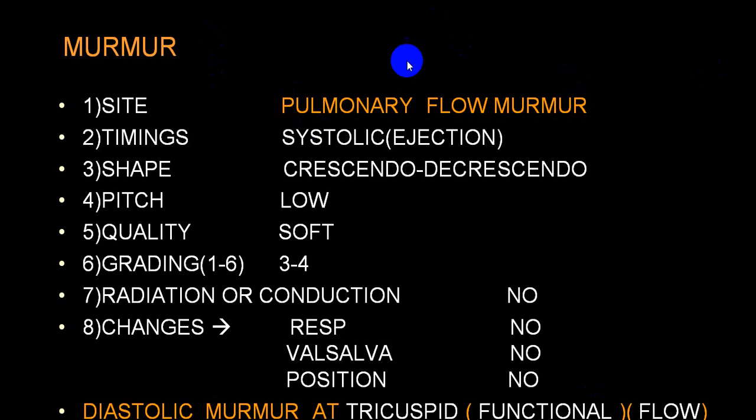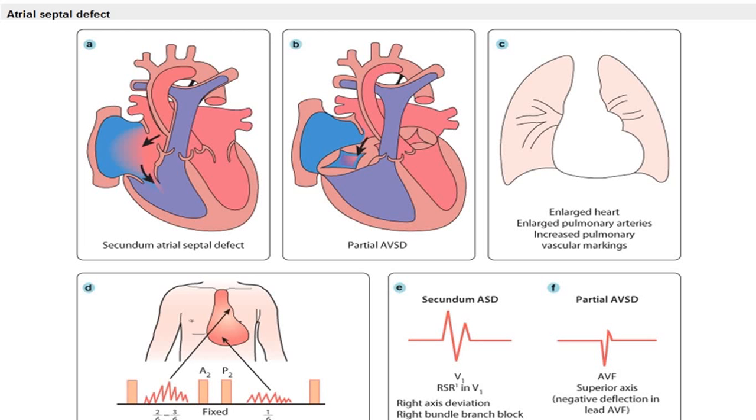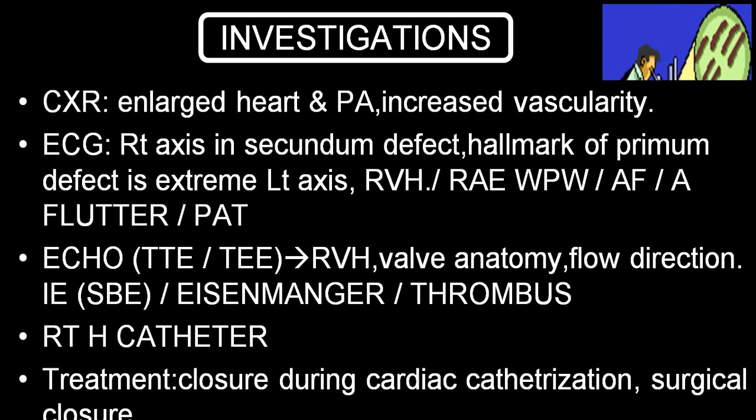So there will be a pulmonary flow murmur which will be ejection systolic, crescendo-decrescendo, low pitch, usually grade 3 to 4, and there will be a diastolic murmur at the tricuspid valve because of increased blood flow at the tricuspid. Also there is a murmur which can sometimes be heard even at the mitral area, and that is also a flow murmur. So these are some of the things which you will be able to auscultate.